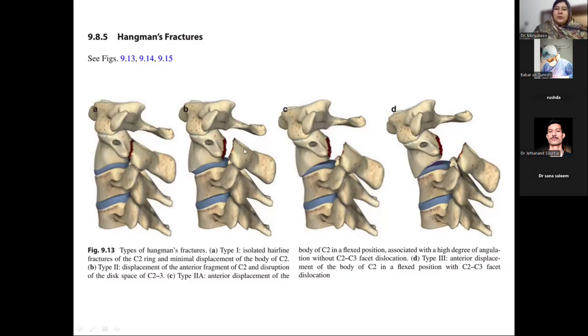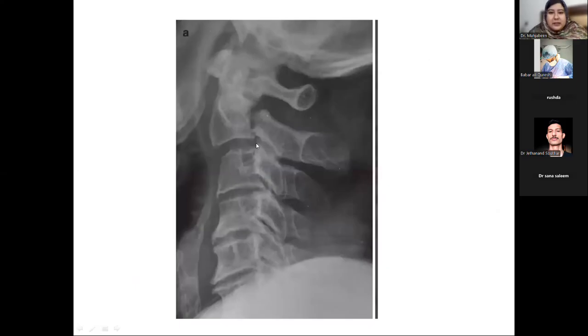Is it clear now? See, this is the fracture of pars interarticularis of C2, and see how it's not that severe, but still a few of the lines that were discussed by Dr. Babar. This line is the anterior vertebral line. Then this line, and मेरी खुद की line टेढ़ी हो रही है, but this is the posterior vertebral line, ठीक है?